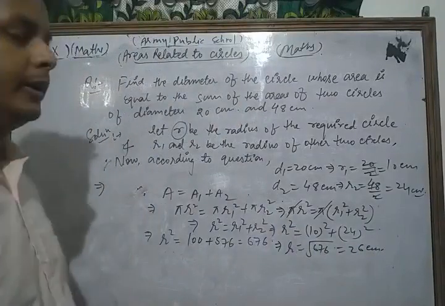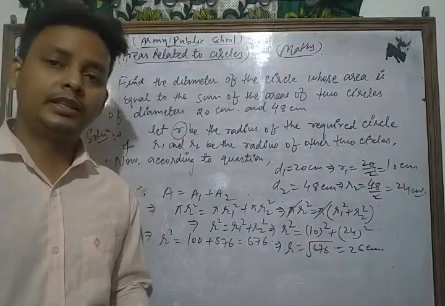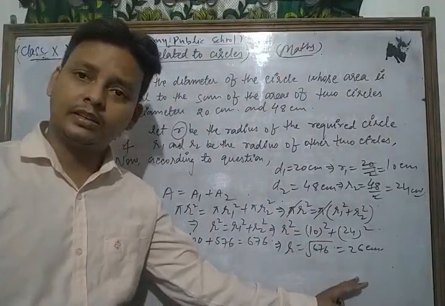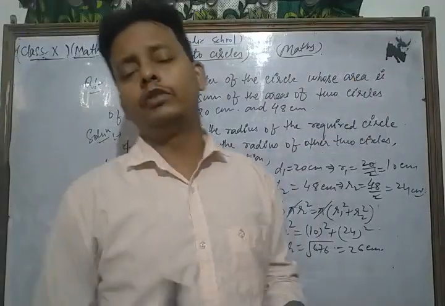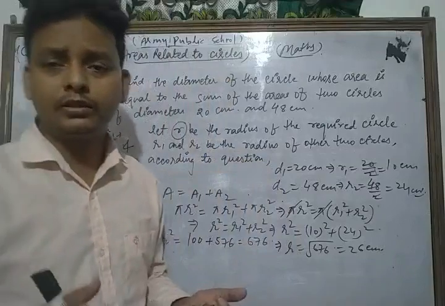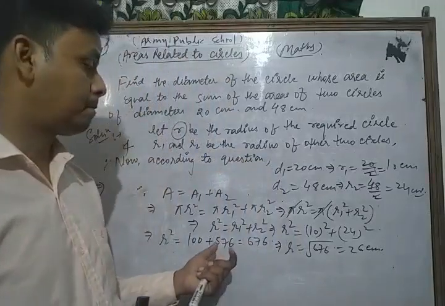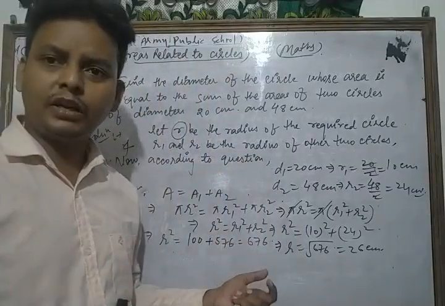So in this way, dear student, this is the radius of the required circle, but we find the diameter of the required circle.